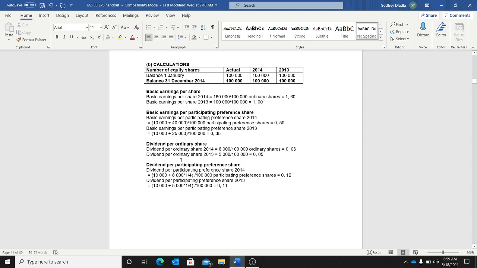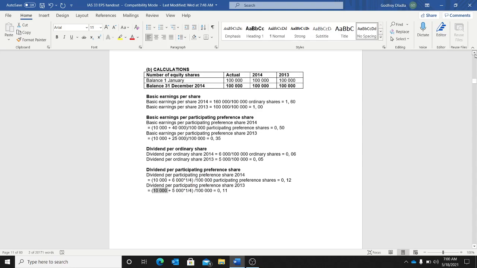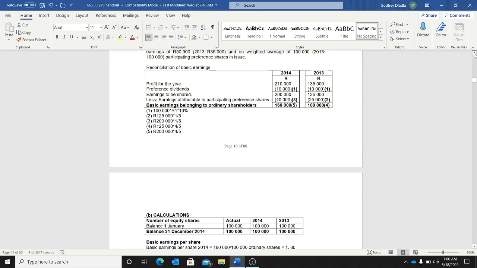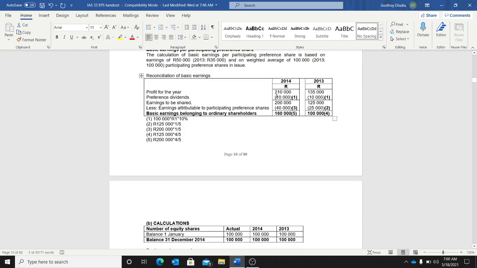Now, if you then look at this, we are dividing with 100 here, which is not an issue, right? Let me just explain this one so that people can see. The 10,000 is the fixed dividend that we've earned, this 10. Right, it's the fixed dividend that we are earning.